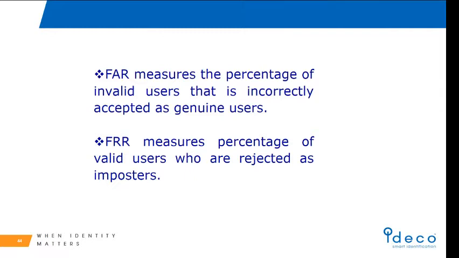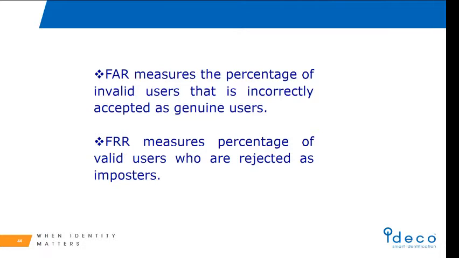So where I present a fingerprint, for example, and it says, "I recognize you, you can come into the building," but in fact, I'm not the correct person. It's allowed me in, and I'm not a genuine user. So that's quite important to understand for the false acceptance rate. The false rejection rate is when I am a valid user, I present my fingerprint, and it says, "I'm terribly sorry, I don't know who you are, therefore you can't come into the building."